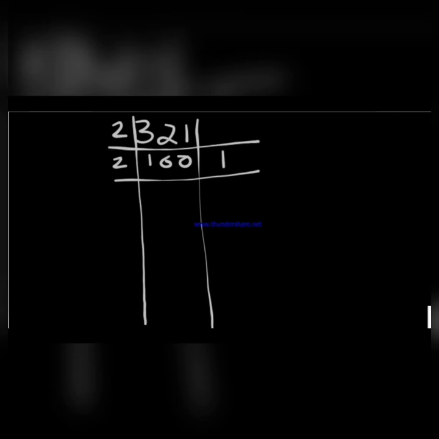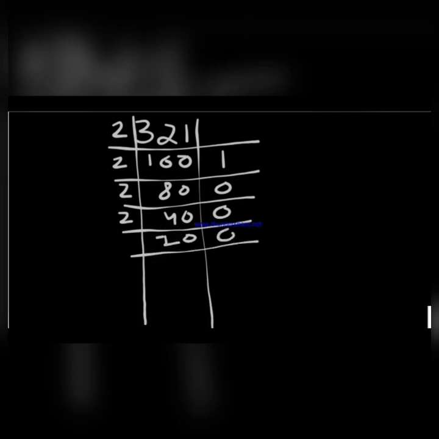Again, divide by 2, the answer is 80, and the remainder is 0. Now divide, the answer is 40, remainder 0. Again, by 2, the answer is 20, and the remainder is 0. Again, divide by 2, 10, the remainder is 0.